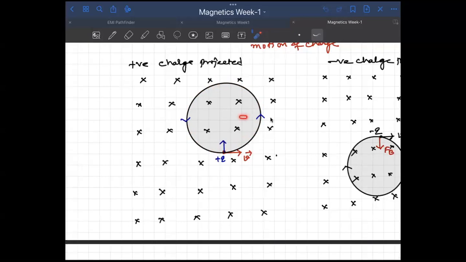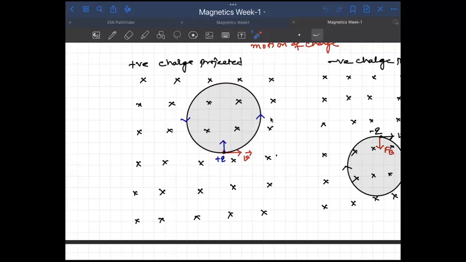Remember, all the time, force is perpendicular to velocity. Clear? All the time. So therefore, it follows a circular path.